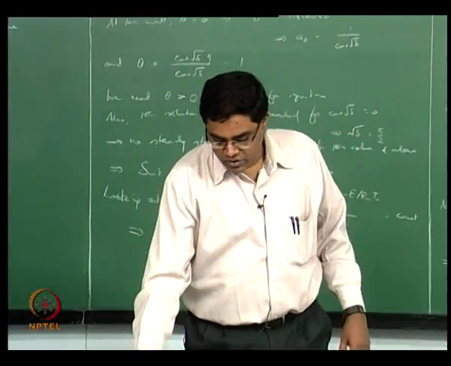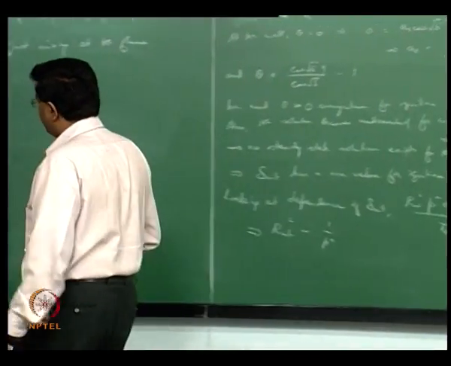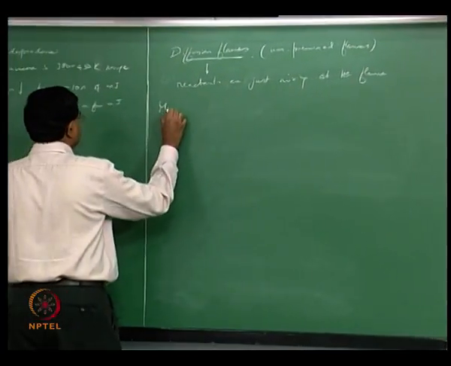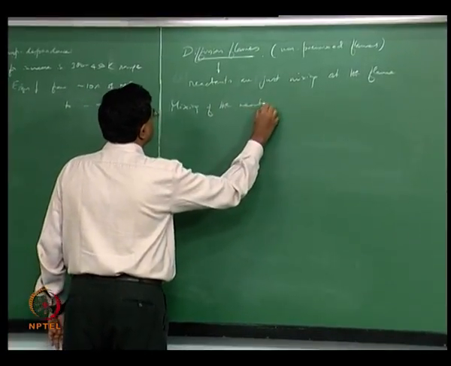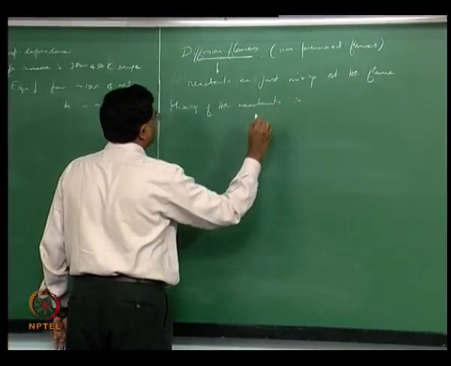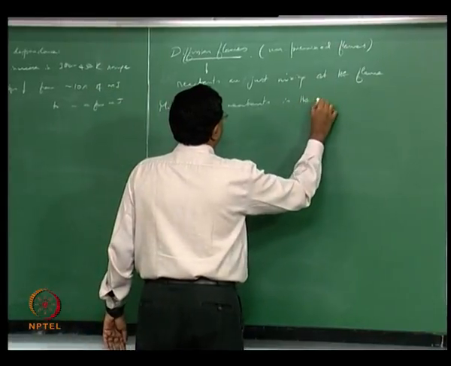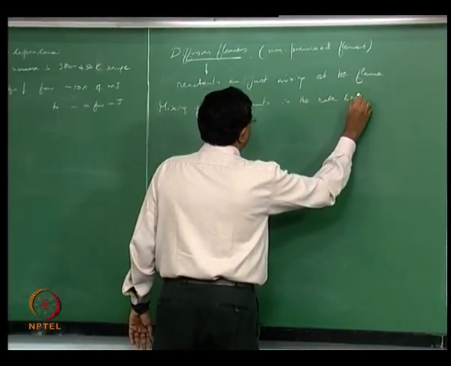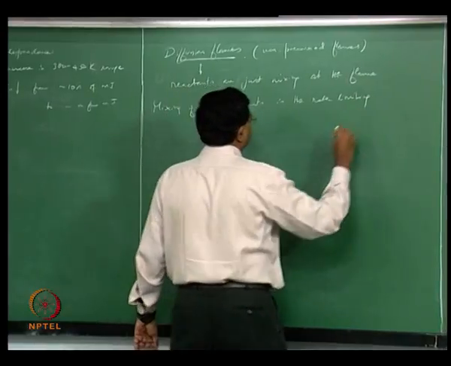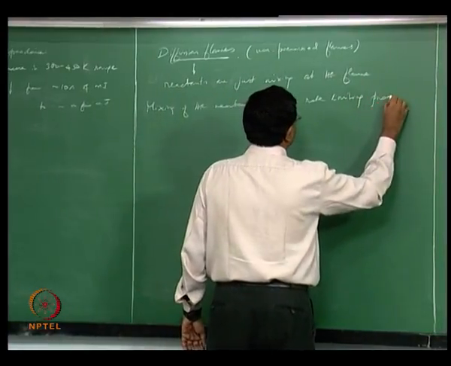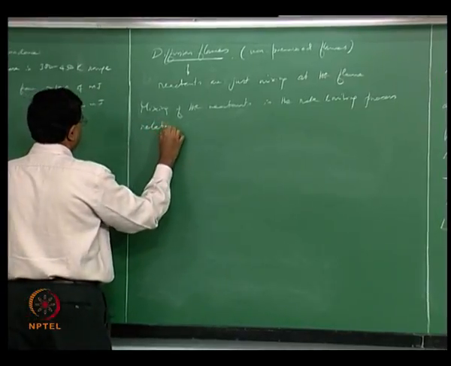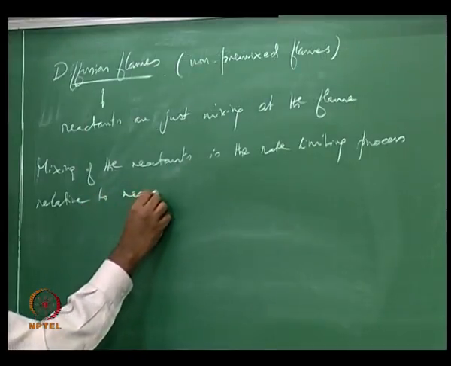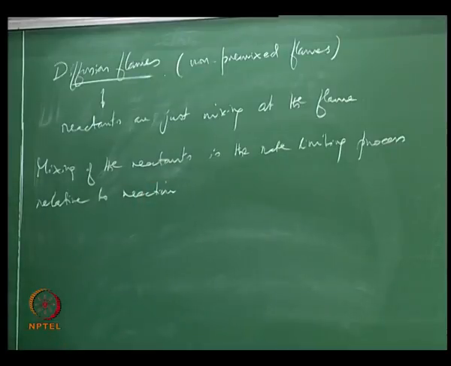So here the mixing of the reactants is the rate limiting process relative to reaction.